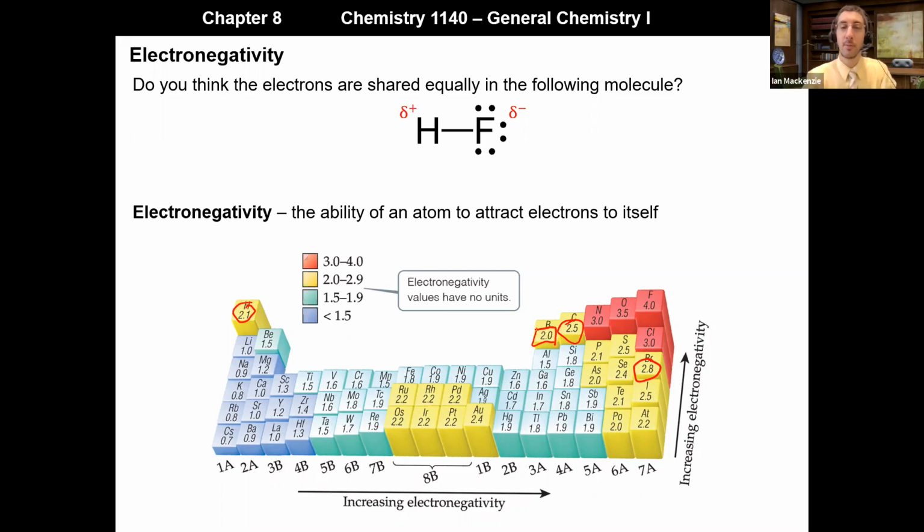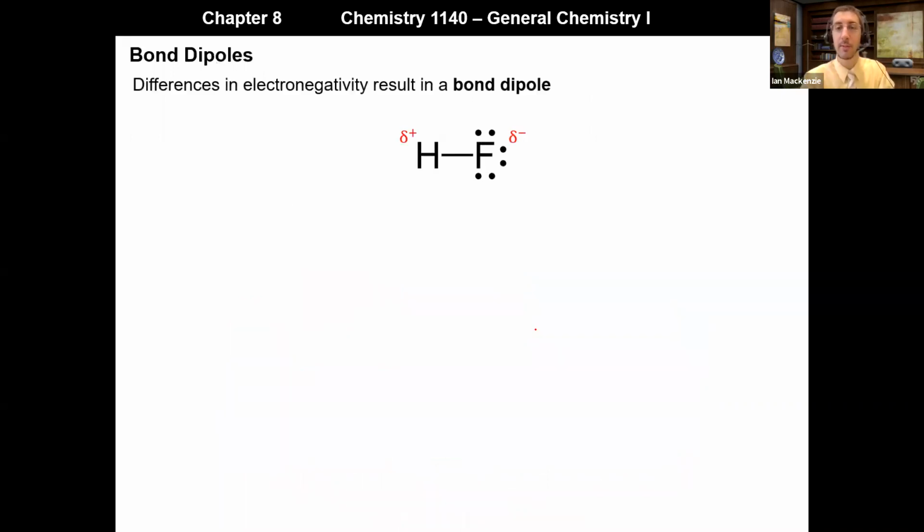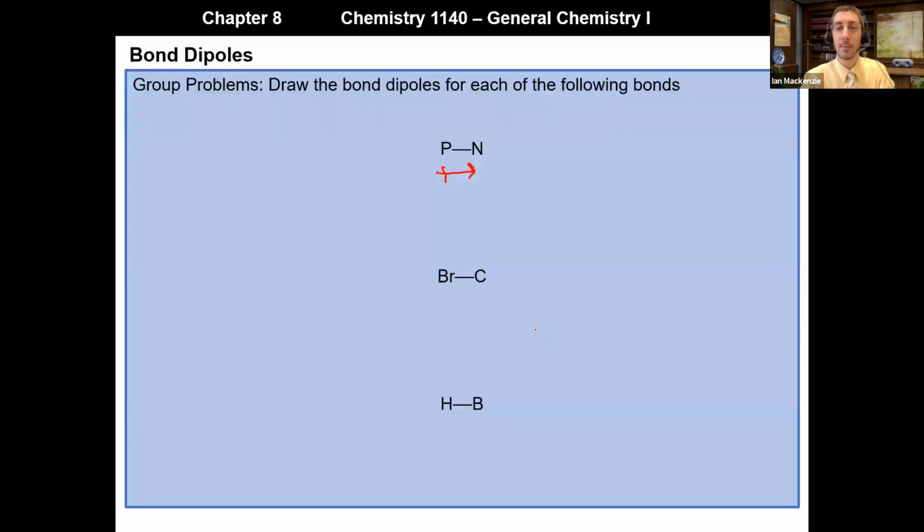So hydrogen is the more electronegative element in this case. So in those two bonds, bromine is the more electronegative and hydrogen is the more electronegative. So if we flip back quickly to our problem here, we draw towards bromine and towards hydrogen. And that's simply how we would draw the bond dipoles for each of those bonds.